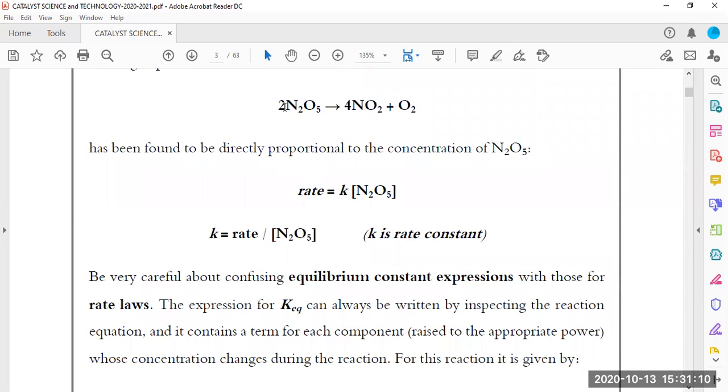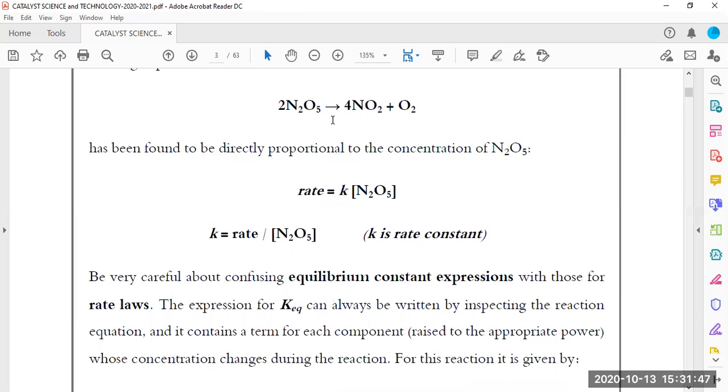Take the same example again. If you can't remember what we mean by equilibrium, I'll give you a very short idea. When we say the reaction is at equilibrium, we mean the rate of the forward reaction is equal to the rate of the backward reaction. That reaction is a reversible reaction, meaning it has a forward direction and a backward direction.